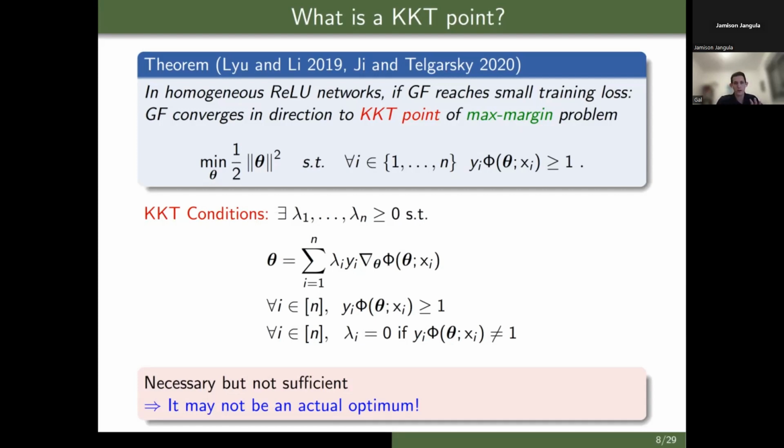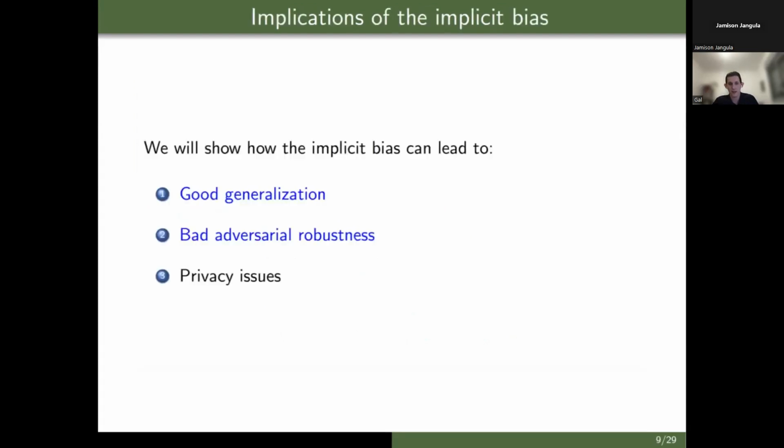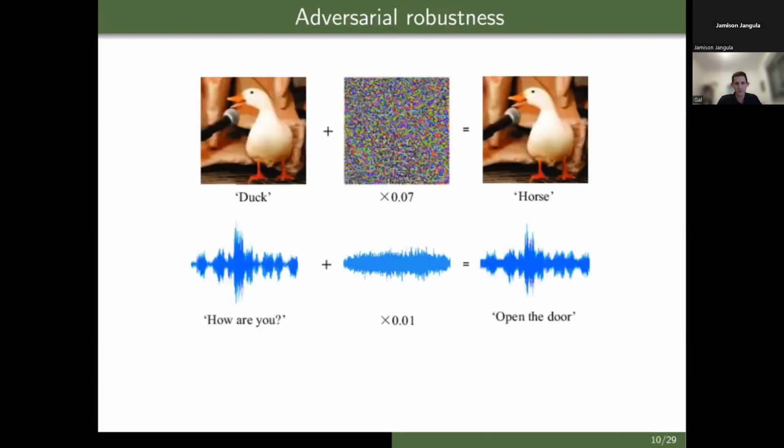Okay, so we know that the implicit bias implies that we converge to solutions that satisfy some set of equations called the KKT conditions. And now we want to understand what the implications of this implicit bias are. I will start by discussing the implicit bias towards good generalization and bad adversarial robustness.